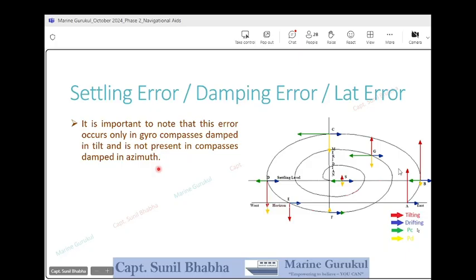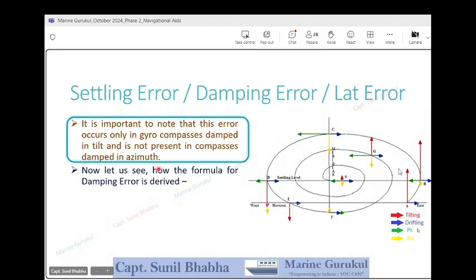This is only present in the gyro compasses which are damped in tilt. Keep this in mind. This fact is used in the numericals sometimes. When they provide you a numerical, they mention to you whether the compass is damped in tilt or damped in azimuth. And accordingly, we have to see whether the settling error or damping error will be present in that compass or not.